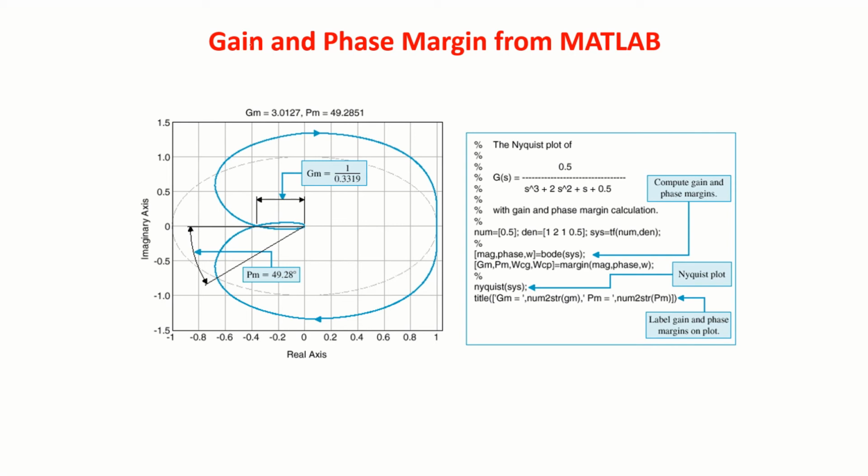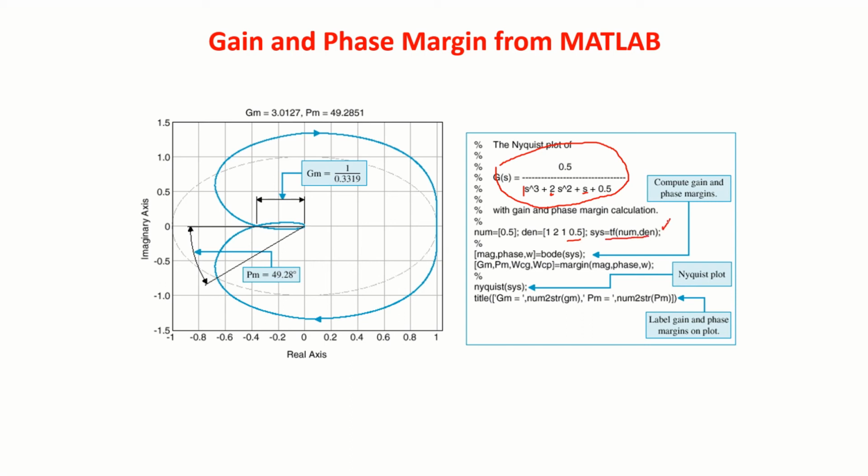You can also use Matlab to find the gain margin and phase margin. You can see this is the given transfer function. Anyway, it's a comment; it is not an executable statement. Here num is 0.5, den is 1, 1.5. The system is the transfer function num by denominator.